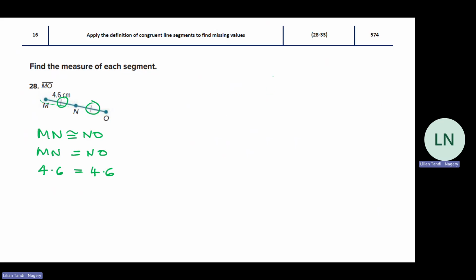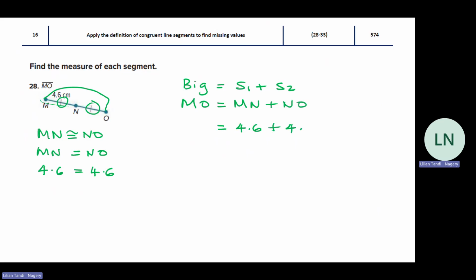But what does the question want? The question wants M to O, which is the big part. So big equals small 1 plus small 2. Big is MO, and then it is made up of MN and NO. And MN is 4 and 6/10, and NO is 4 and 6/10. And this will give me 9 and 2/10, and my unit is centimeter. And this is MO, and I box my answer.